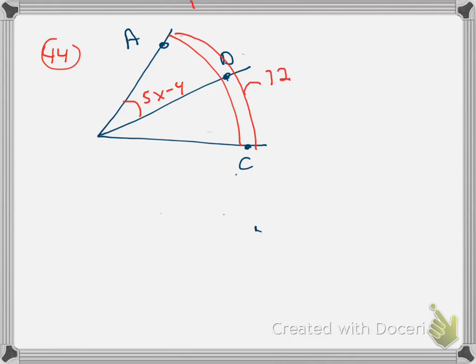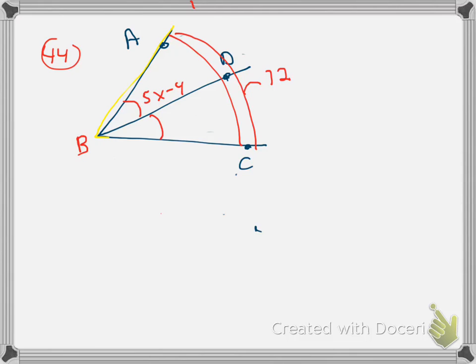Okay, on number 44, I've got the given information shown here. We still know that ray BD bisects angle ABC, which means it divides it into two equal parts. Now, the whole big angle ABC, the one on the outside, I'll highlight that in yellow.